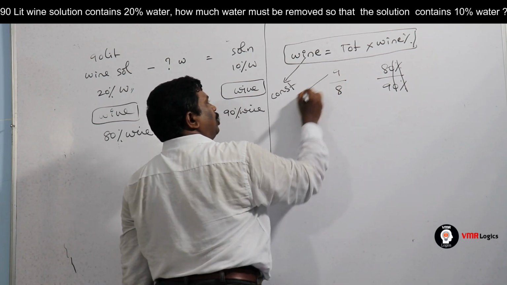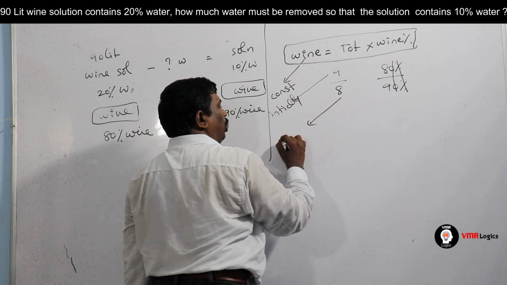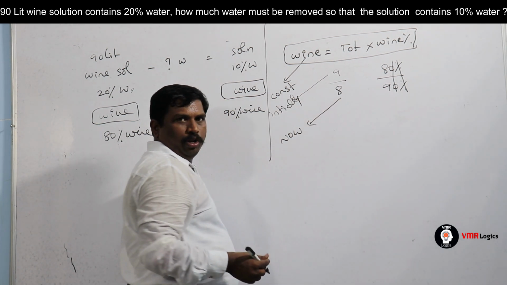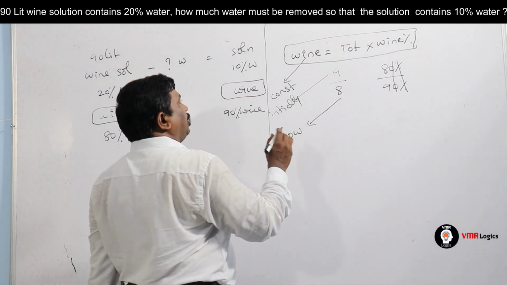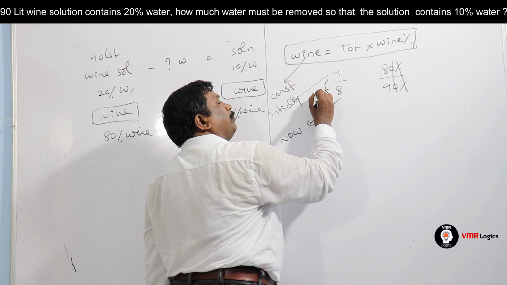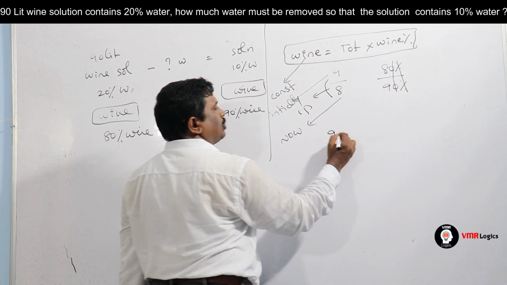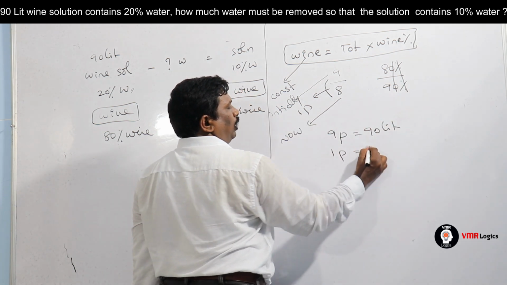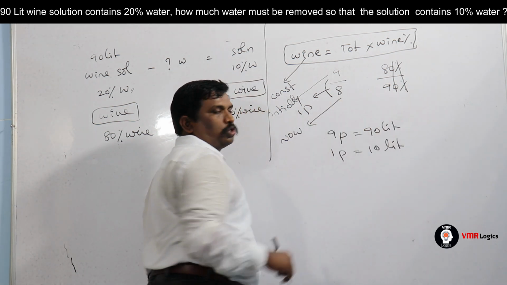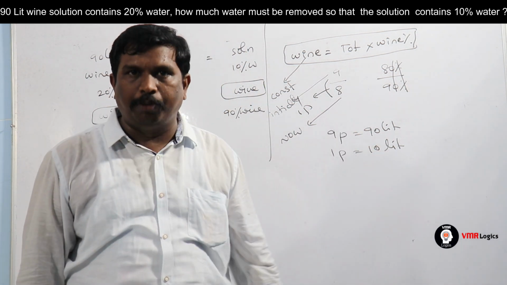The meaning of that: initially 9 parts is the total solution, now only 8 parts is there. How many parts removed? 1 part removed. Initially 9 parts is 90 liters, now only 1 part removed. 10 liters of water should be removed.